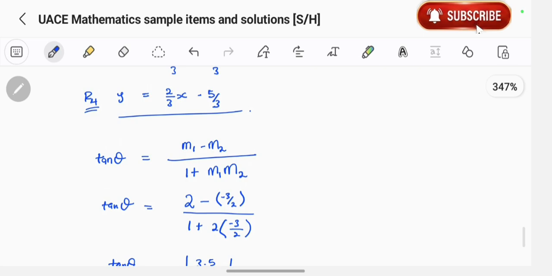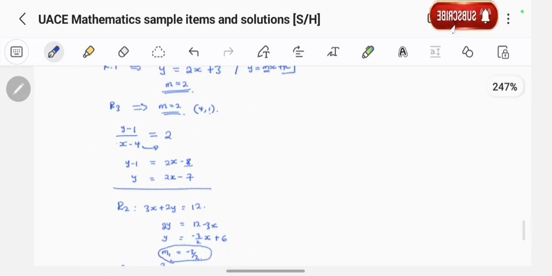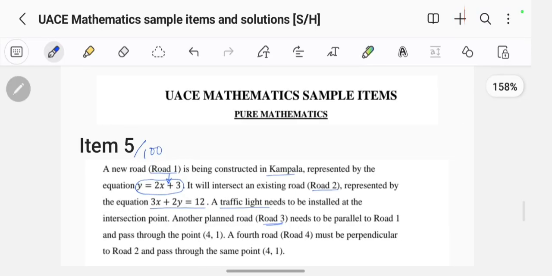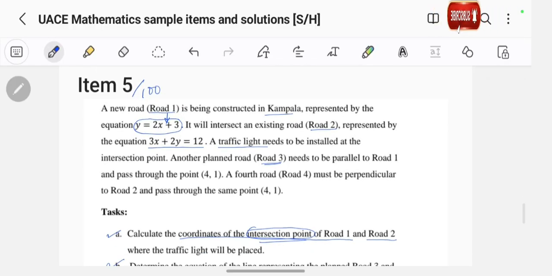This is our item 5. Item 5 was coming from very many topics and was requiring very many ideas.